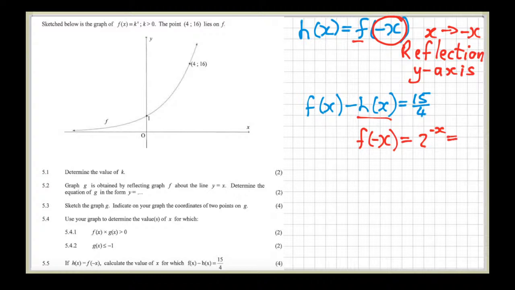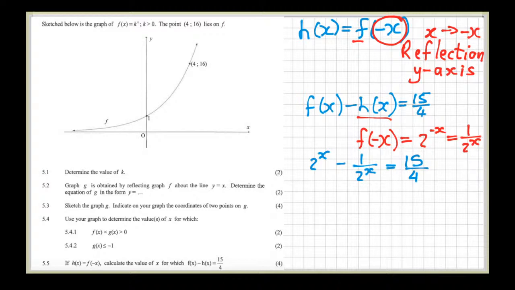In other words, 1/2 to the x. I like to simplify it because I might use it later on. So in the place of f of x, I'm going to put 2 to the x. In the place of h of x, I have 1/2 to the x. This is equal to 15/4.